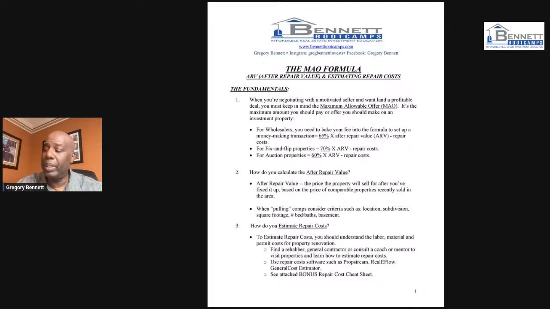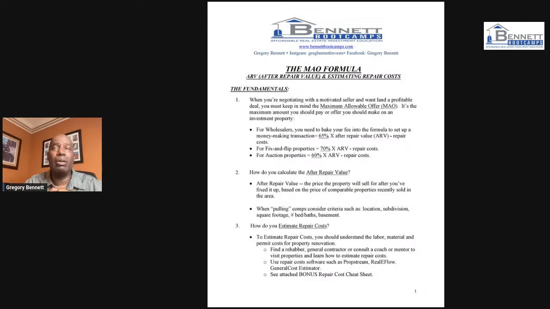The difference being 15,000. The difference is 15,000. That's your wholesale fee. Now, if you get a cash buyer to purchase this property at 150,000, they're going to sign an assignment agreement. On that assignment agreement, it says they're going to take over the purchase contract that you just signed with the seller.